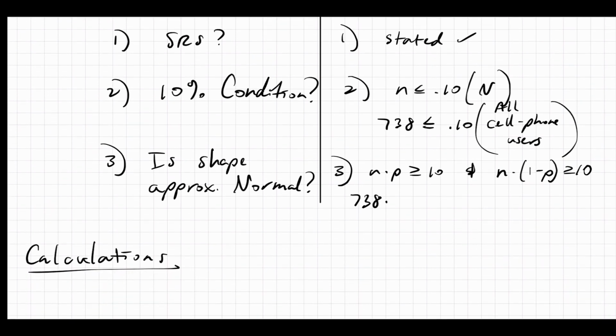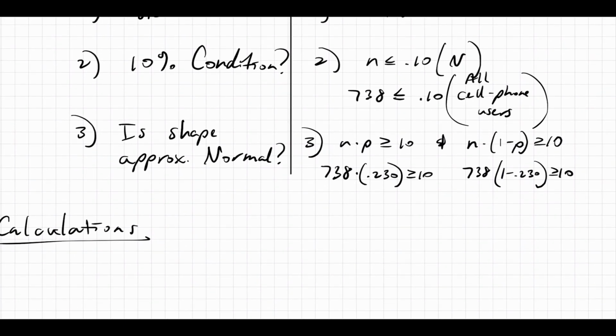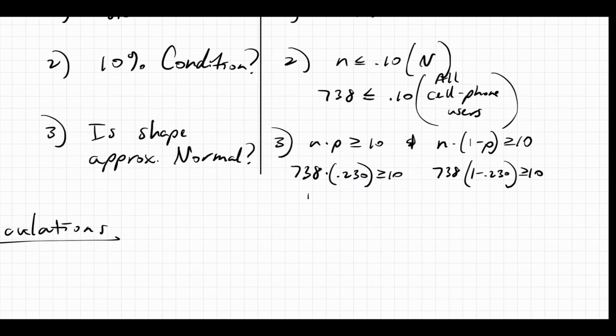So 738 times, we don't have p, but we do have p hat, so we'll use that one. So this one's about 169.74. Check.